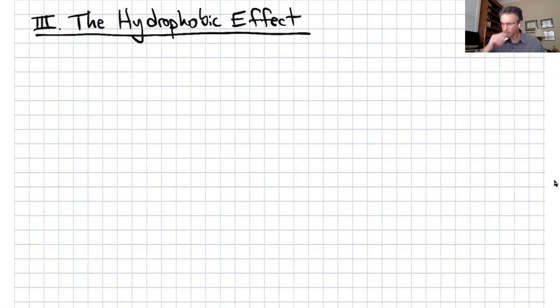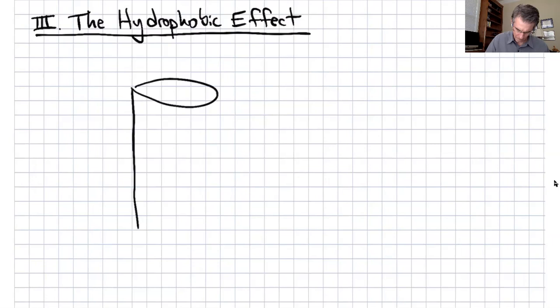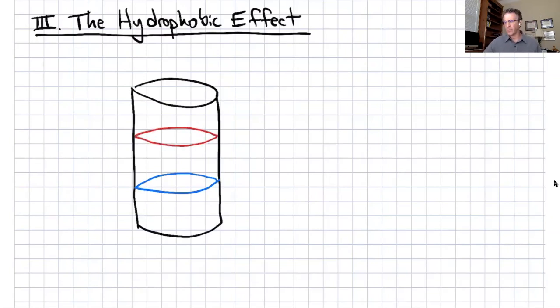Now, consider the following example. If I took a container and to this container, I introduce some water, and then I also introduce into this container an immiscible solvent of some kind that's not miscible with water.